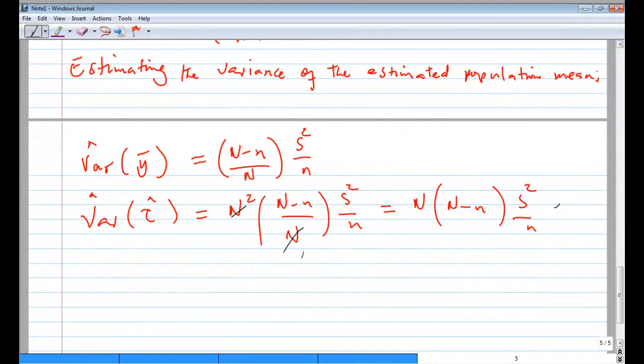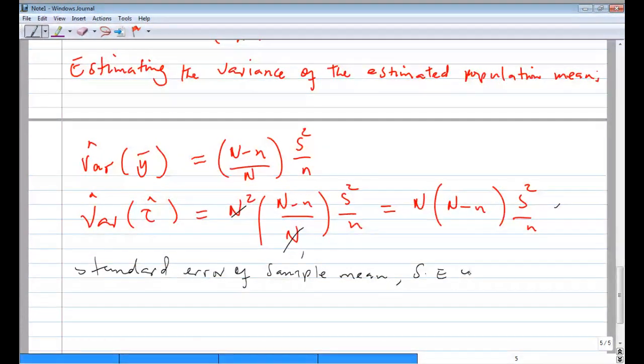Now let's find the standard error of a simple mean, which is SE of y bar, I think.